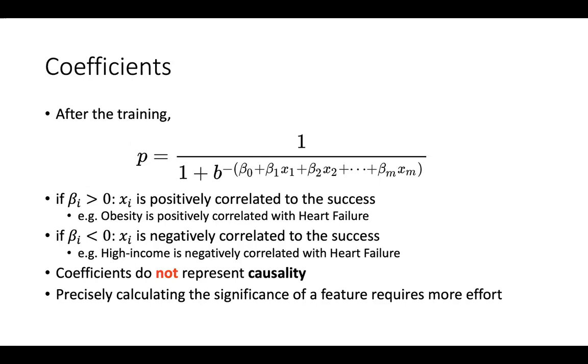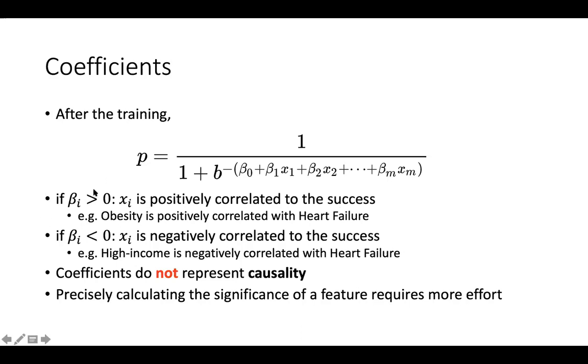For example, if a certain beta i, the coefficient for the ith feature, is positive, then you can readily say that xi, the feature dimension itself, not the value, is positively correlated to the outcome, or the success in this case, because we were working with the coin flip example. So if beta i is positive, then the ith feature is positively correlated to the success.